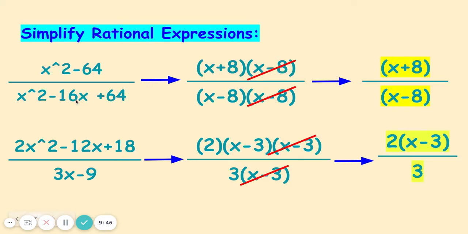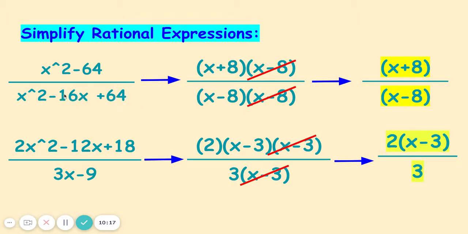So, ito naman, difference of, may 16x ka. Again, di ba, ang formula nito, x squared minus 2bx plus b squared. Para makuha mo tong 8, square root, then square mo yon, ito yung 64, yung middle term mo.